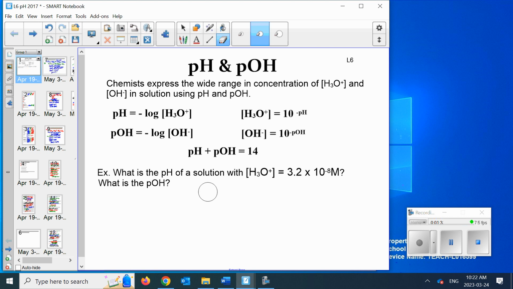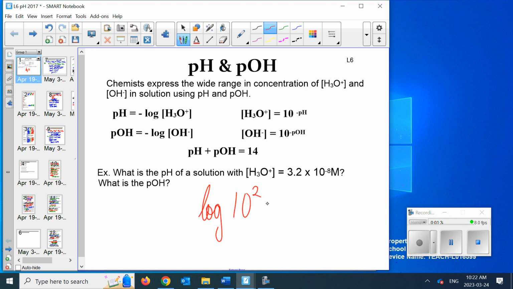If I say the log of 10 squared, well, this means 10 to the what gives me 10 to the 2. It is just a trivial question. It is 2, right? Same one. Log of what gives me 100. Okay.